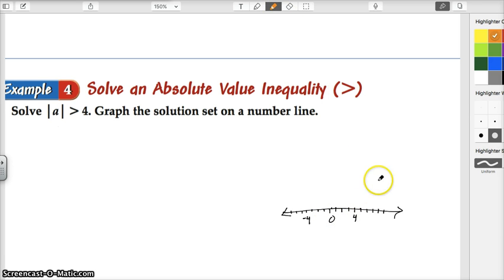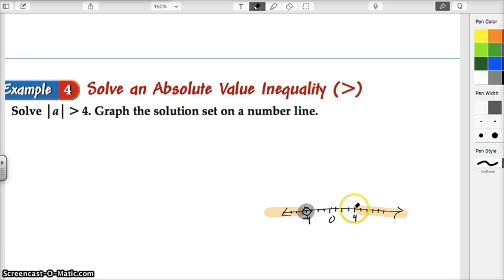So in this case, we're talking about values that are beyond 4. But we can't forget that we can also be referring to values that are beyond -4 in the negative direction. So in this case, we're not including -4 or 4, but we are including everything beyond those two values, because that gives me an absolute value greater than 4.